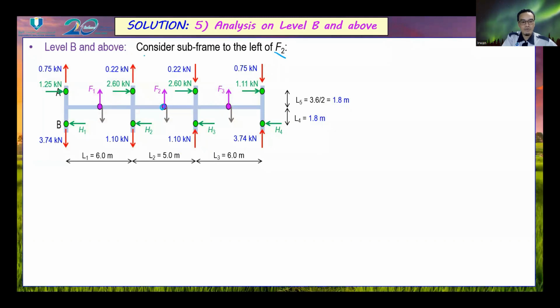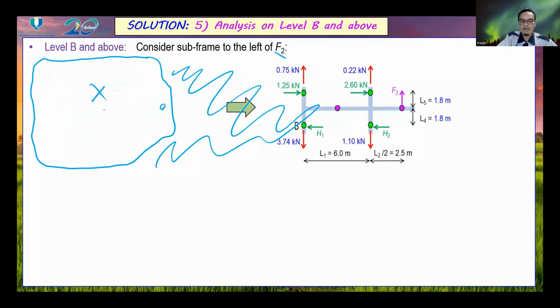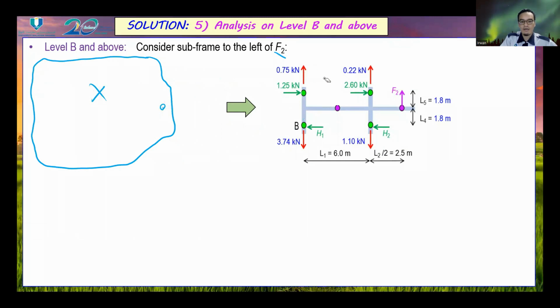This is F2, and this is the subframe to the left of F2. We only consider the subframe, so we can neglect the others, and also we can neglect F1. Okay, so this is simplified, and we can focus on this subframe only.